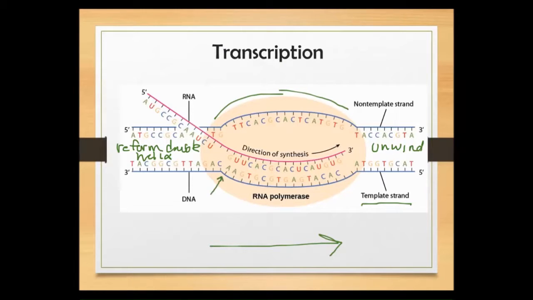So let's pick up right here and see what RNA polymerase is doing. If there's an A in DNA, the complement to that is going to be U in RNA. Remember that U, uracil, is taking the place of T. There's no T in RNA. If there's an A in DNA, there's a U in RNA. If there's a G in DNA, there's a C in RNA.